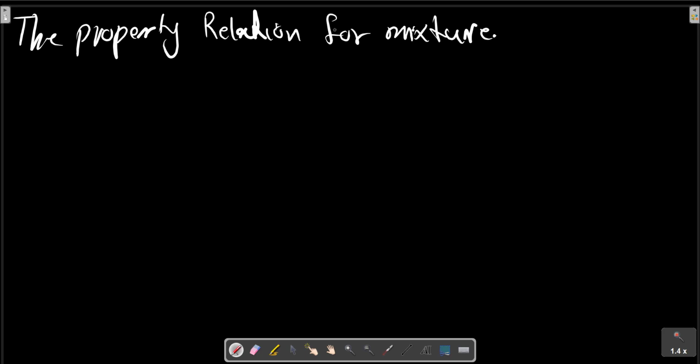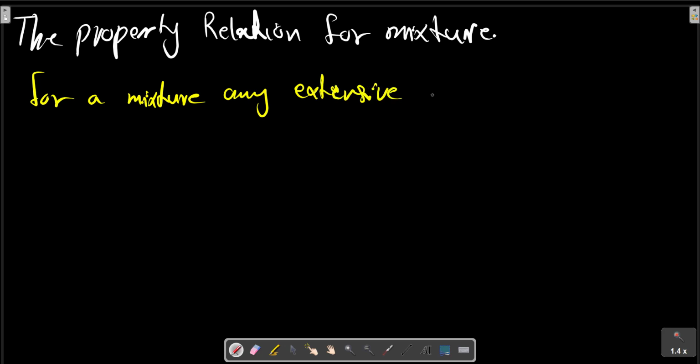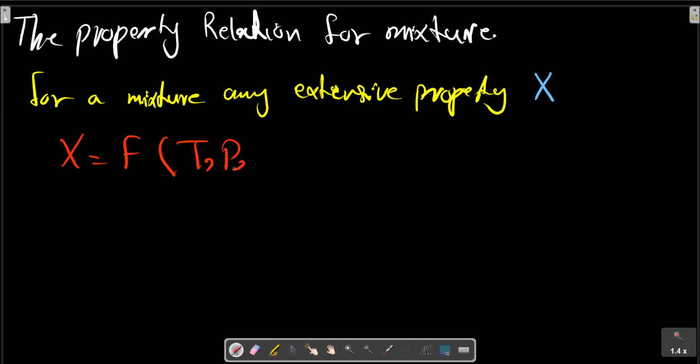For a mixture, any extensive property X is a function of the temperature and pressure of the mixture and the number of moles of each component. So we can write X is a function of temperature, pressure, NA and NB.